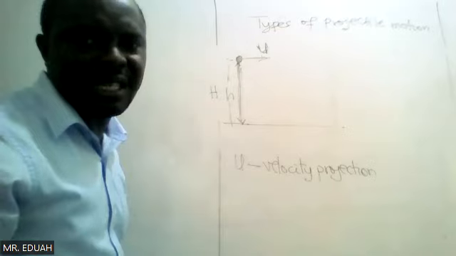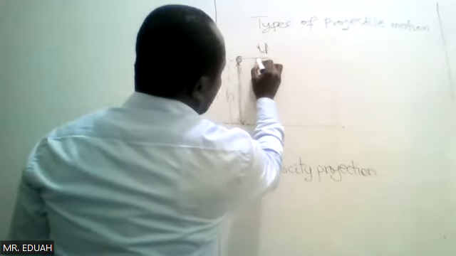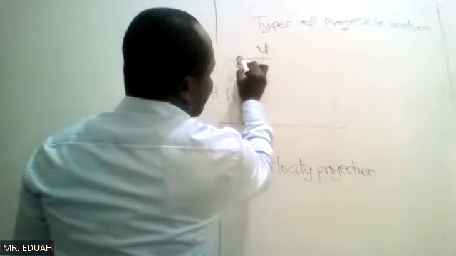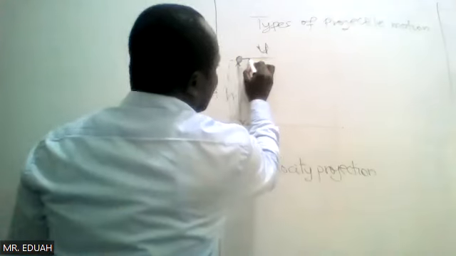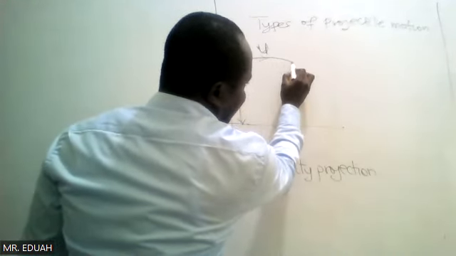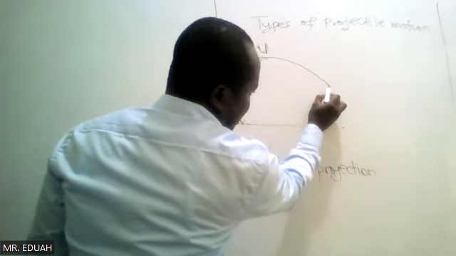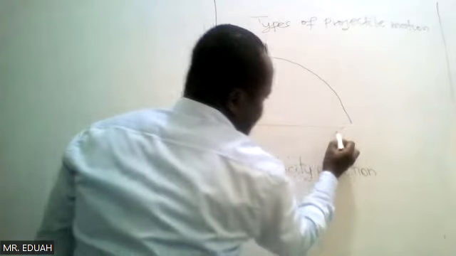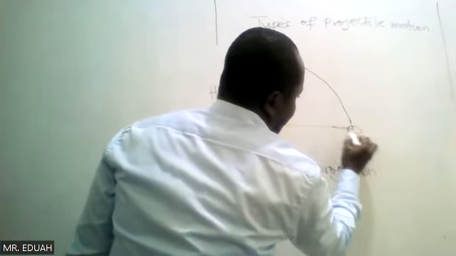The path taken by the body is such that initially it goes horizontal, but as the body journeys on, you realize that its path is bent to the ground, and eventually drops on the ground.